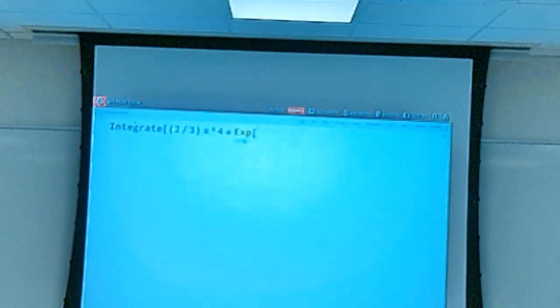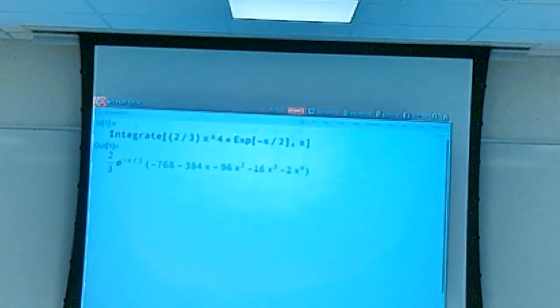I prefer this method. It was x over 2, right? Comma, with respect to what? x. And then x cubed. That's what you get if you did integration by parts 4 times.